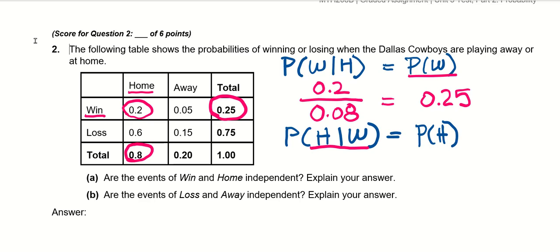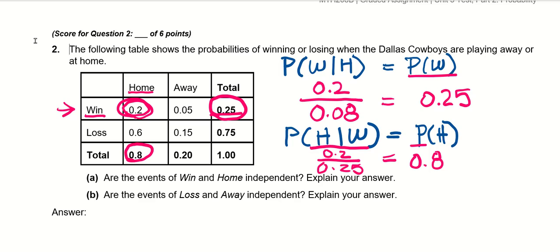Home and wins is still 0.2. Over the total of wins, we've got to go to this column, go all the way across, is 0.25. Take your calculator, divide 0.2 by 0.25, and we get 0.8.